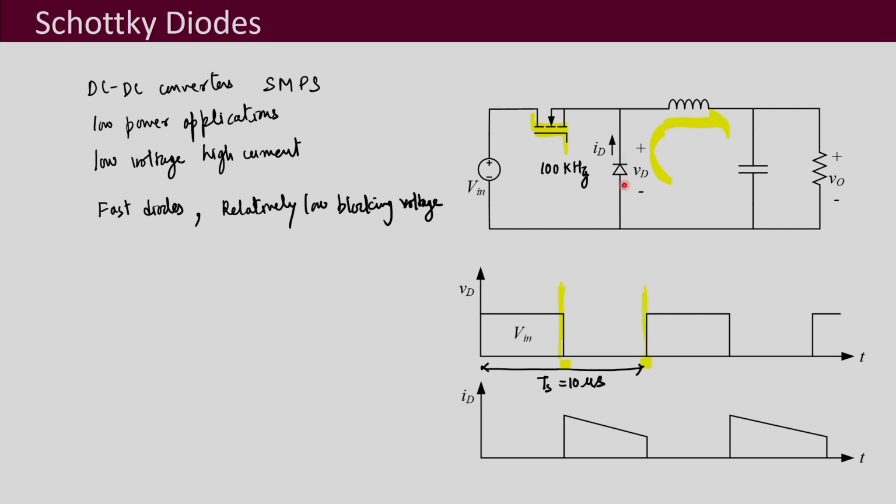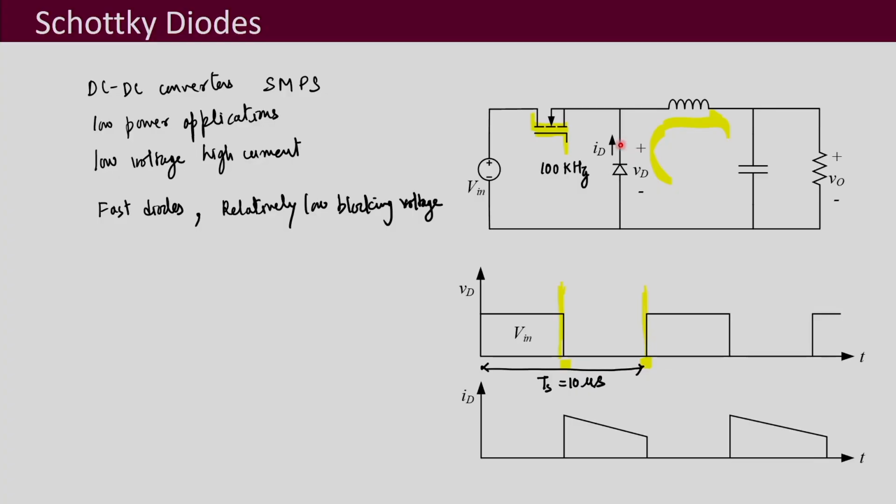That voltage multiplied by the current means there will be a power loss, a conduction loss, across it. And of course, whatever diode drop occurs is going to be subtracted from whatever output voltage you are going to get here.